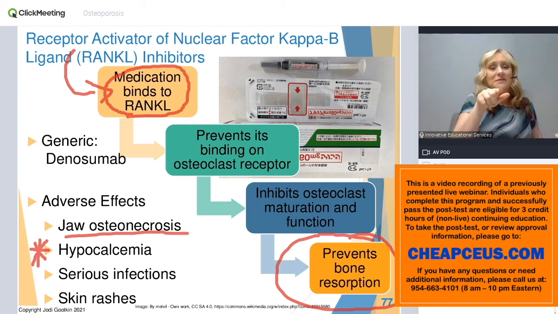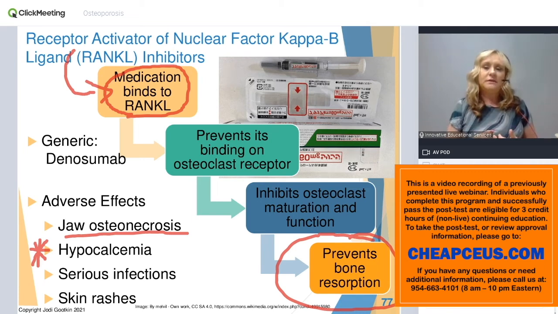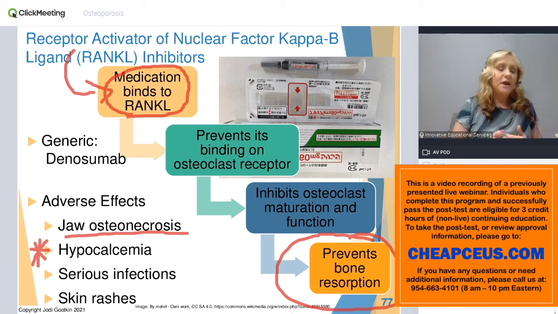If they're on a RANKL inhibitor to protect from the osteoporosis, it can't go grab from the bone. Well, now we have low calcium in the circulatory system, and now we can see other symptoms occurring. The individual might start to present with more muscle cramps, muscle spasms, numbness and tingling of the fingers if the nerves are involved. Monitor for those things.